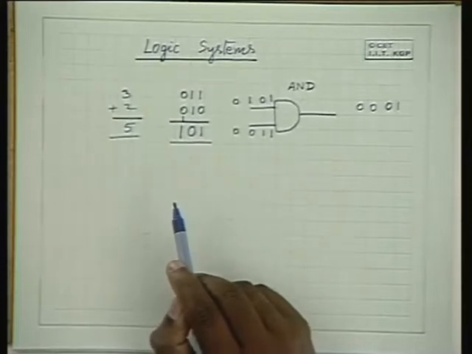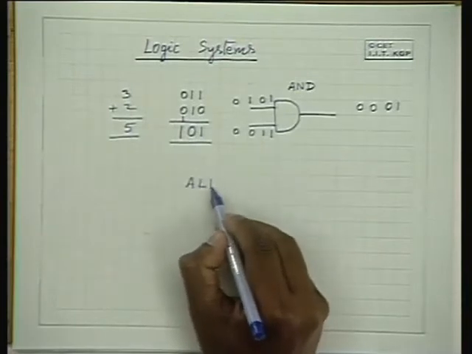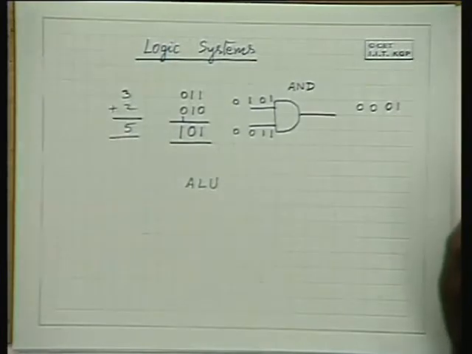For instance, an arithmetic logic unit, ALU, is an integral part of a CPU, a central processing unit, which is the heart of a computer system. So you are hearing about Pentium systems. Earlier you heard about 486. These are all CPUs, central processing units, which are the hearts of the computing systems.